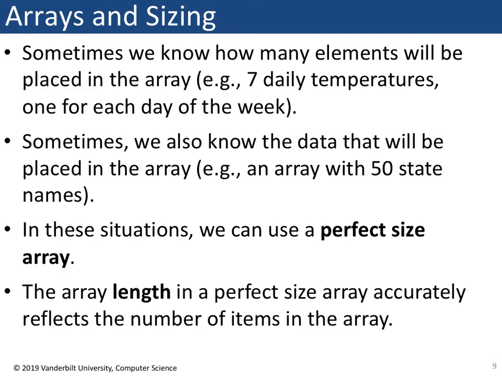That's easy to predict. So in that sort of a situation, we can use a perfect size array. So when we have the ability to know precisely how many elements we will need in the array, then we are able to use a perfect size array. And a perfect size array is an array with a length which identically matches the number of items in the array.